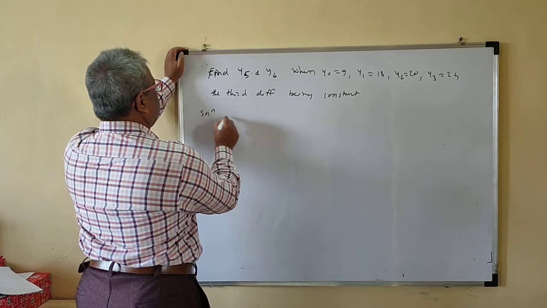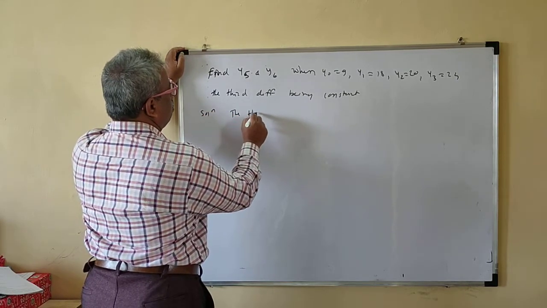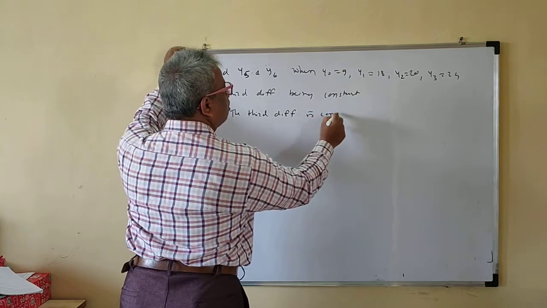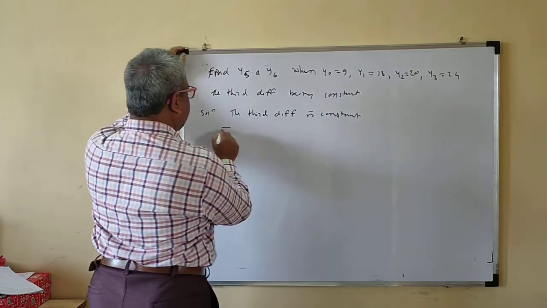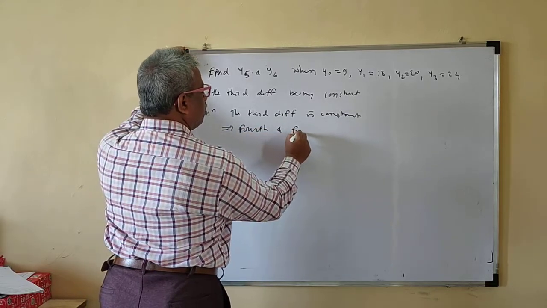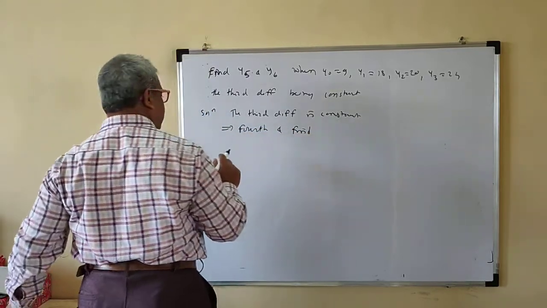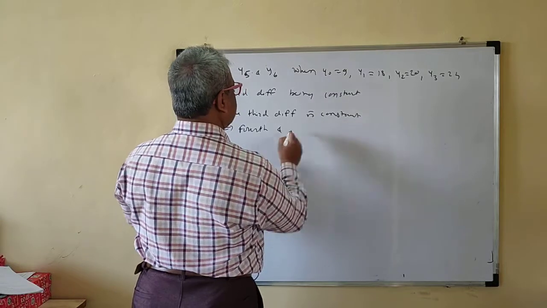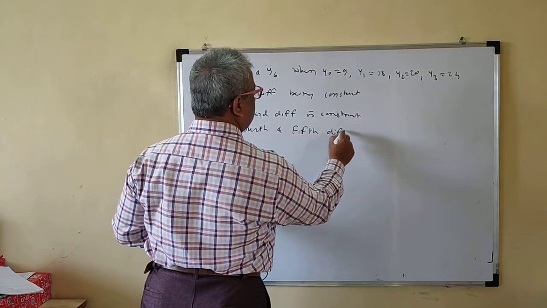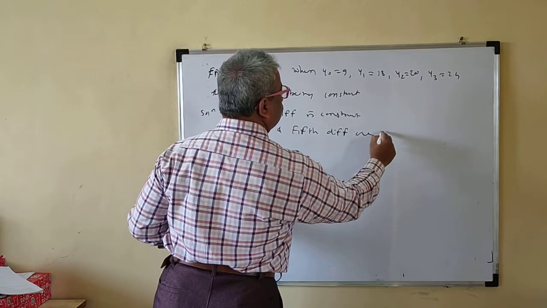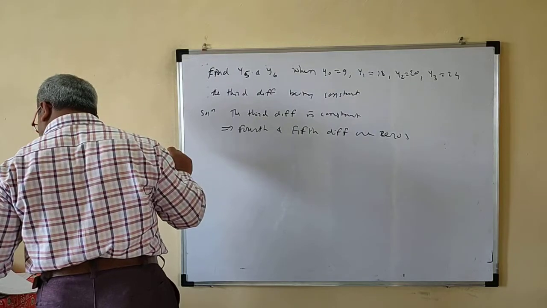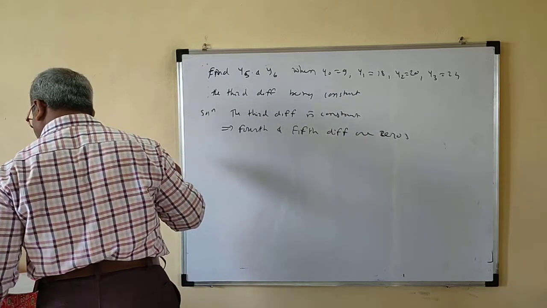Solution. The third difference is constant. This implies that the fourth and fifth differences are zero. Fourth and fifth differences are 0.